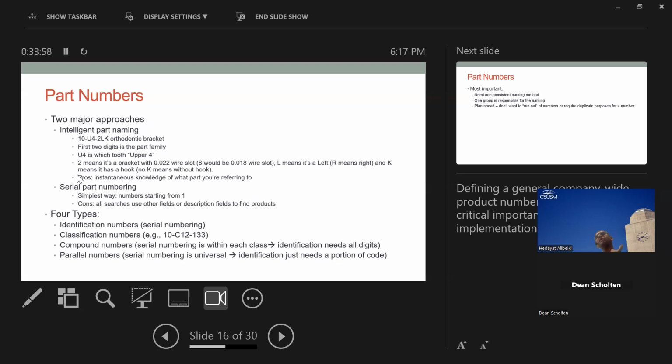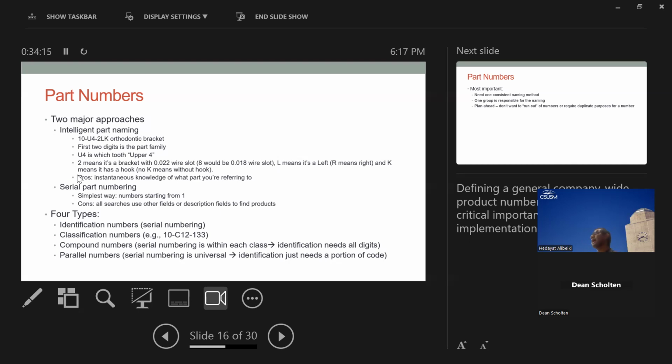Second thing, if it's not used by robots and machines, and people are going to read it and try to get some sense out of it, we need those part codes to also be meaningful, right?